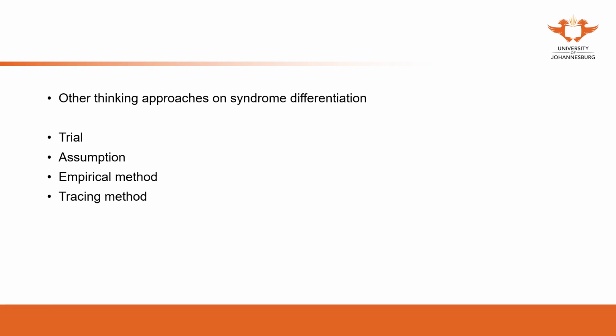Empirical methods are especially for some difficult cases. We're going to treat according to experience, either your own or others', something you learn from others. So that's something you also can do. The tracing method: you're going to trace the manifestations one by one.